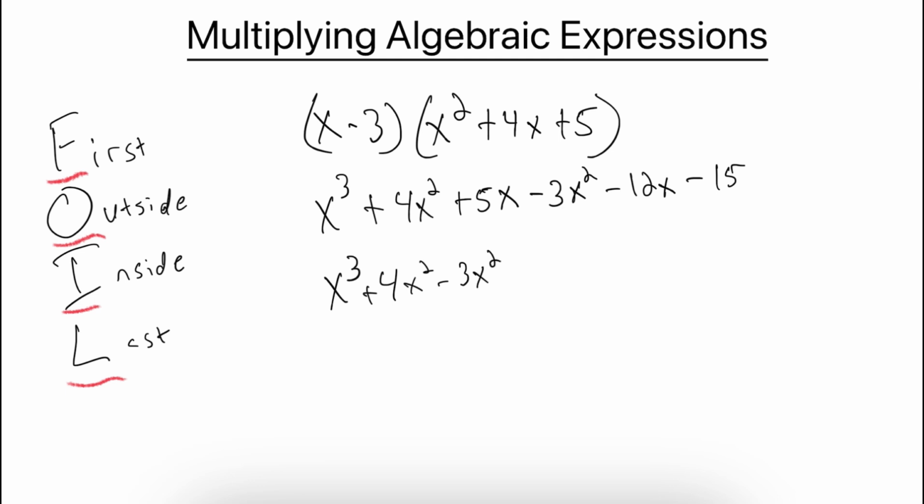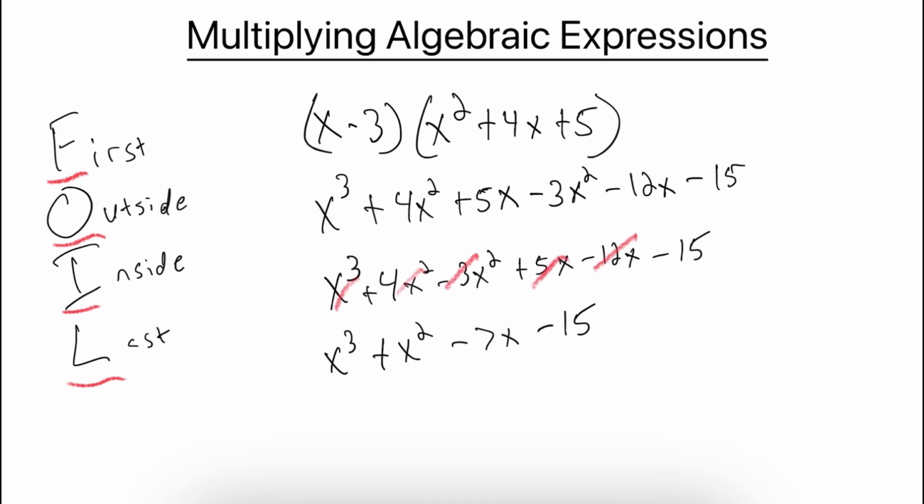And then we have plus 5x minus 12x minus 15. So our final answer is x cubed plus x squared minus 7x minus 15. There's our final answer.